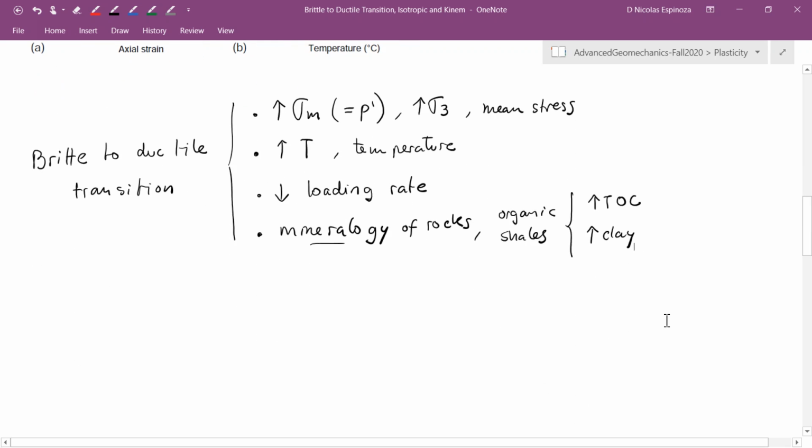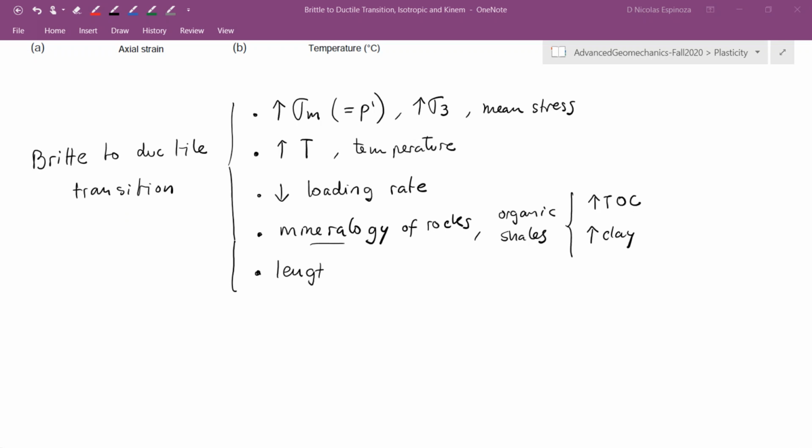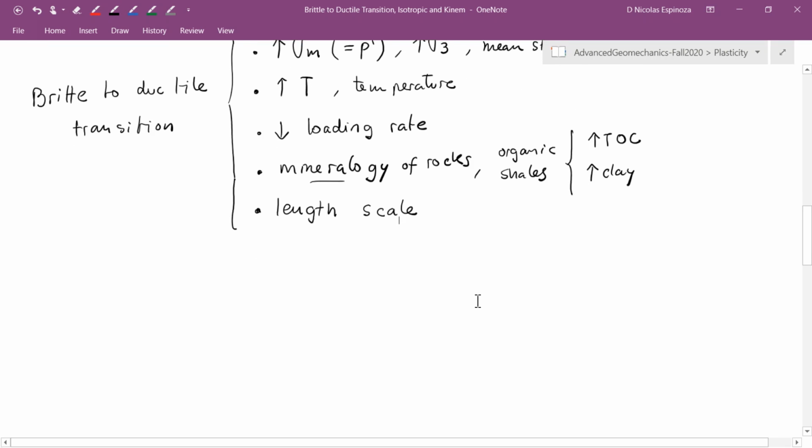And there is one more type of phenomenon that I'd like to share with you, which is often disregarded, and to me is very important, and this is length scale. Let me use a schematic in order to explain this phenomenon.